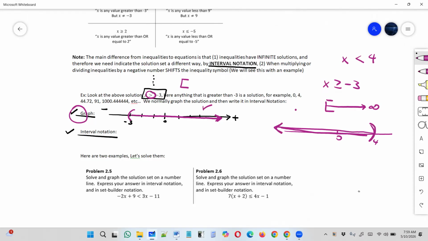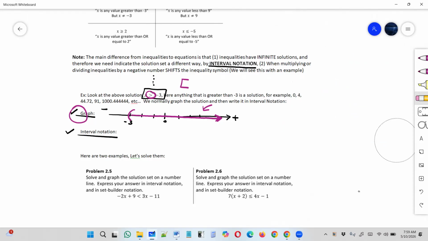Now, looking at that graph, the interval notation is the algebraic notation of the graph. So for x greater than -3, it would be parentheses, -3, comma, positive infinity.